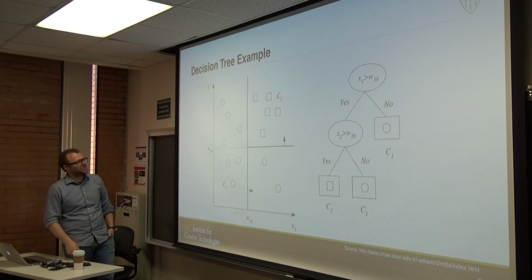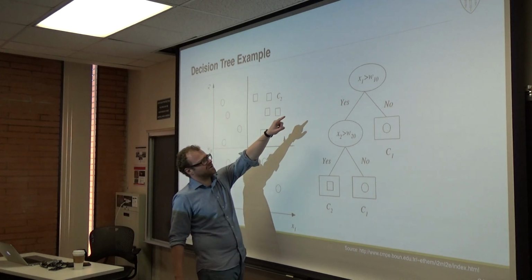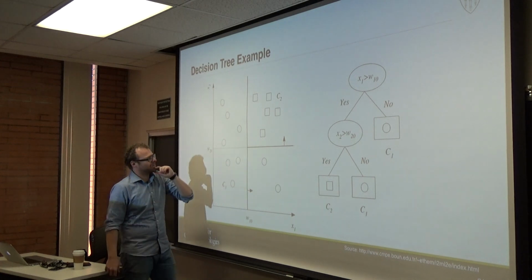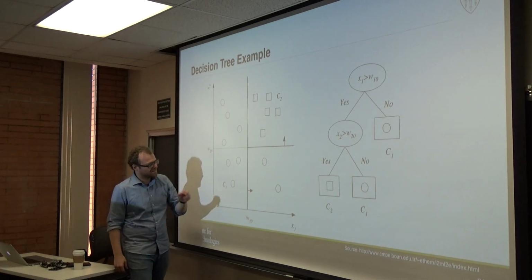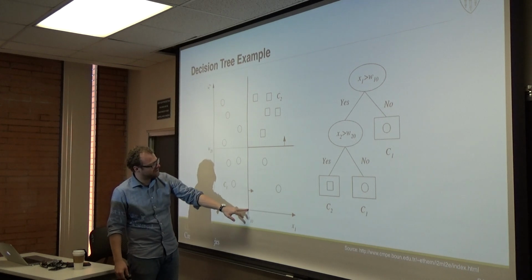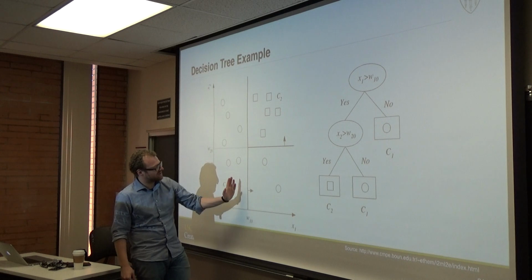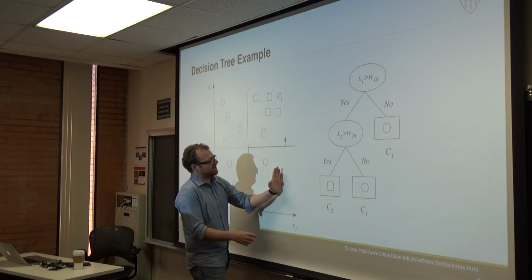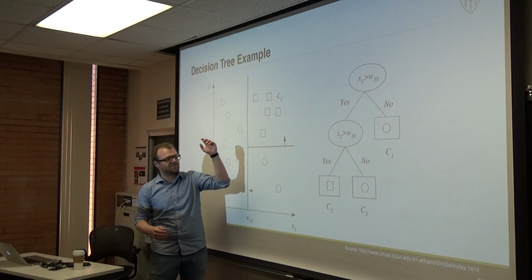So let's look at an example. For example here, we would choose as the first decision: is x1 greater than w10, which is down here. It sends everything that's here on that side and everything that's here on the other side.